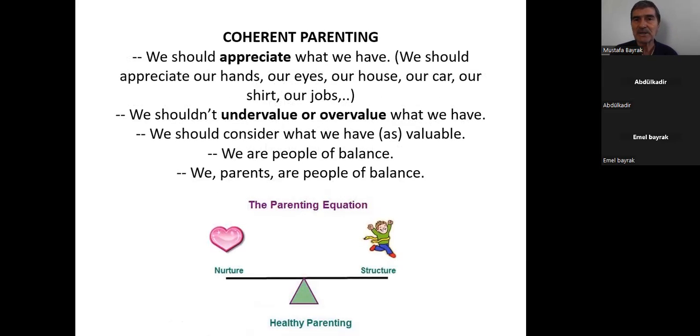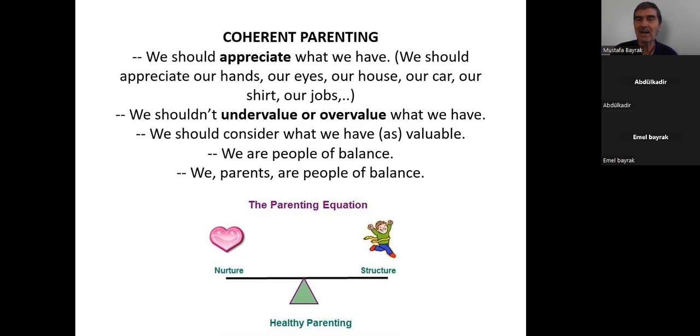Okay. Coherent parenting. We should appreciate what we have. We should appreciate our hands, our eyes, our house, our car, our shirt, our job. So everything good and useful, beautiful around us, we should consider as important and as valuable.